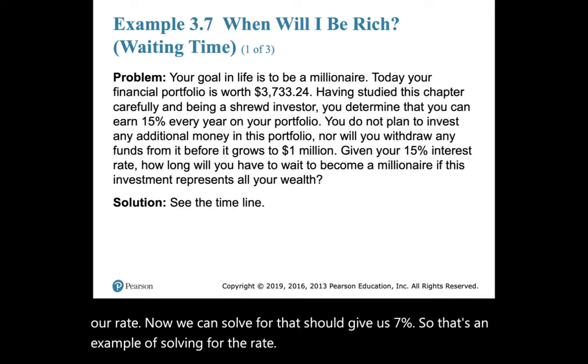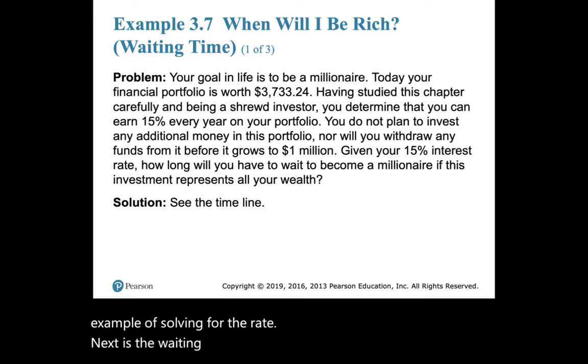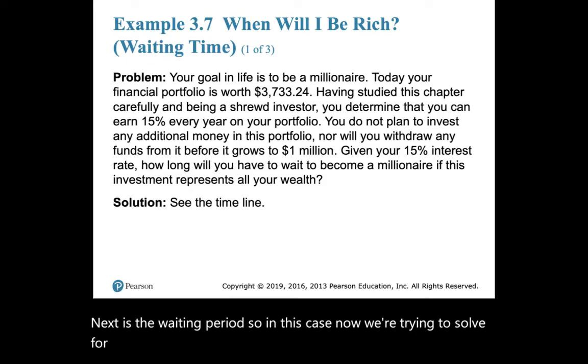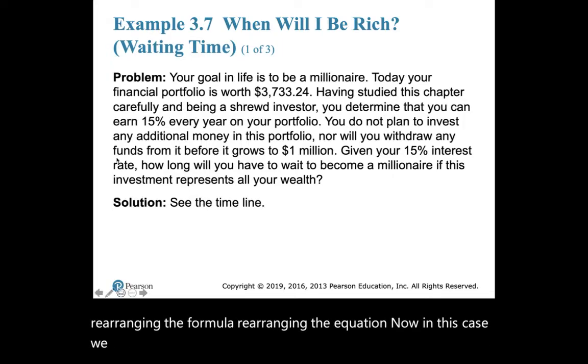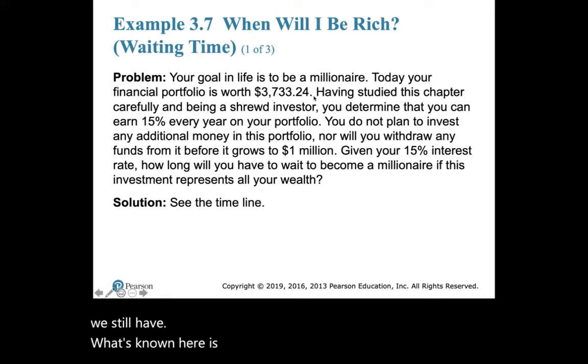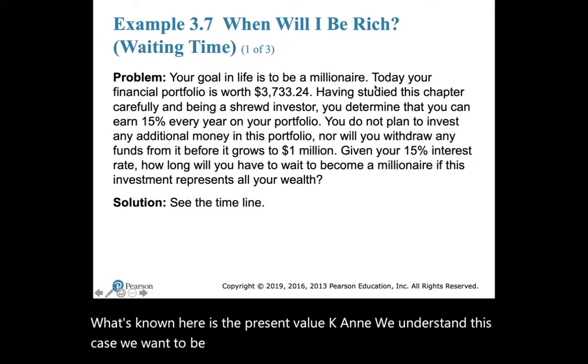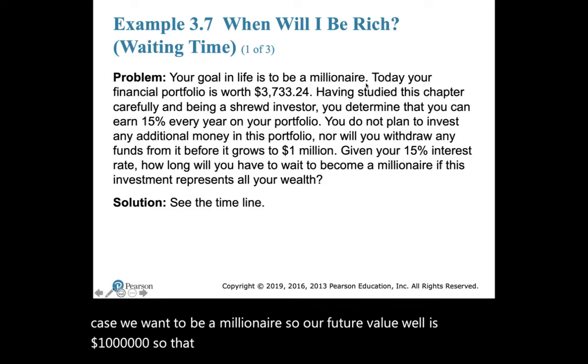Next is the waiting period. So in this case, now we're trying to solve for the number of periods. So again, same idea, just rearranging the formula, rearranging the equation. Now in this case, we still have what's known here as the present value, okay? And we understand in this case we want to be a millionaire. So our future value, well, is $1 million.